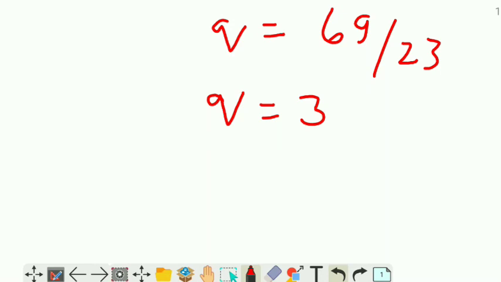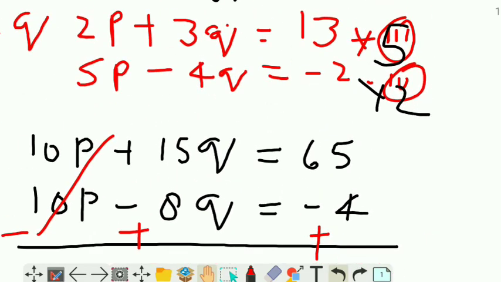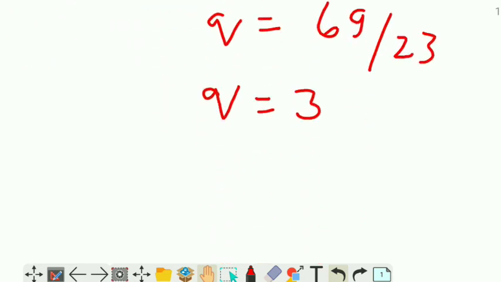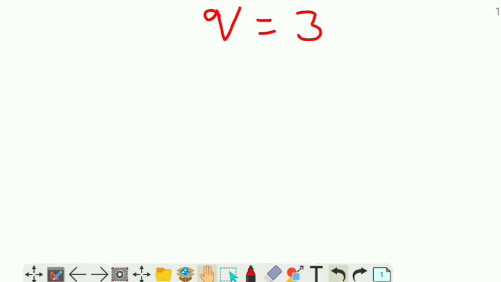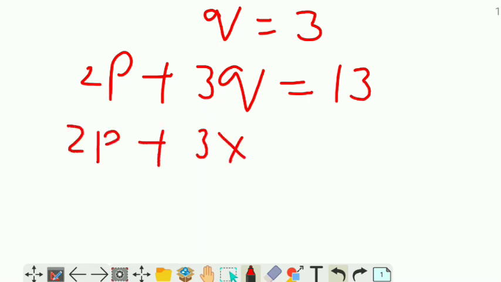Now we will do the same procedure. We will put the value of q in any one equation. Suppose we are taking the first equation, 2p plus 3q is equal to 13. So 2p plus 3 into 3 is equal to 13.